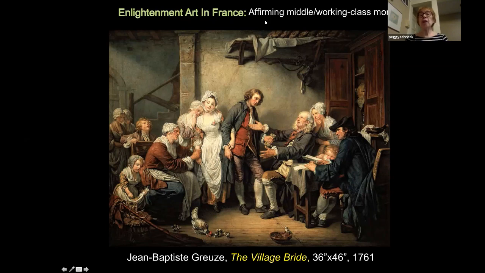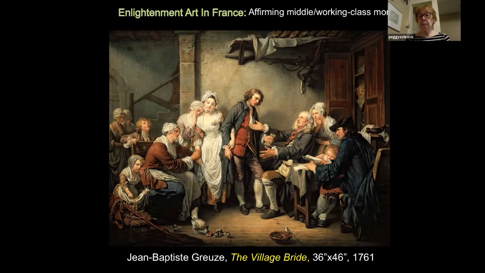The idea of affirming that a working class person can act morally was a kind of radical idea, a very Enlightenment idea, beginning to look at classes in different ways. Also, the fact that they are being married at home and not in a church: the Enlightenment was very much questioning the role of the church and the control of the church, that it had to be responsible for everything. And they're bypassing that entirely.